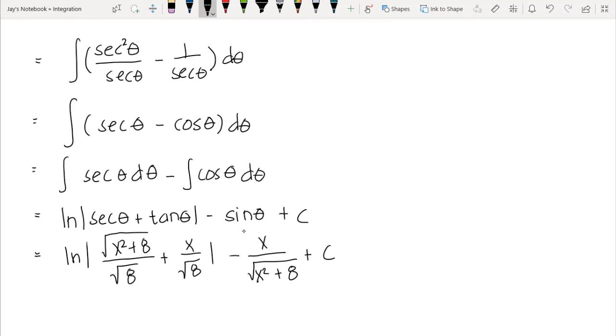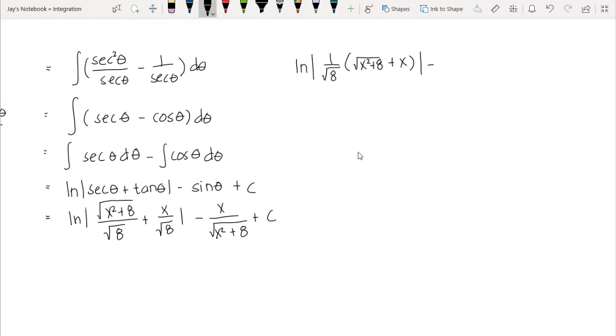Okay, so we have now the integration. However, we can simplify it further again. So we can factor out 1 over square root of 8. So we have here the natural logarithm of 1 over square root of 8 times square root of x squared plus 8 plus x. Then minus x over square root of x squared plus 8 plus c.